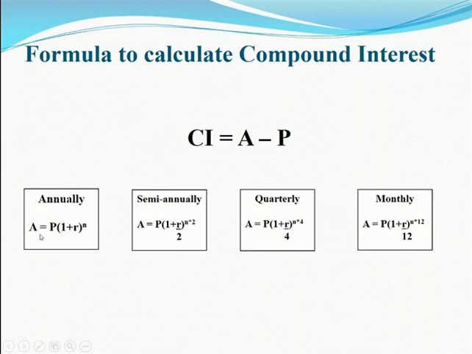The basic formula remains the same. And in case of monthly, it is R divided by 12 and N multiplied by 12, because the number of months in a year is 12. Suppose if compound interest is to be calculated daily, then you're going to divide R by 365 and multiply N by 365.